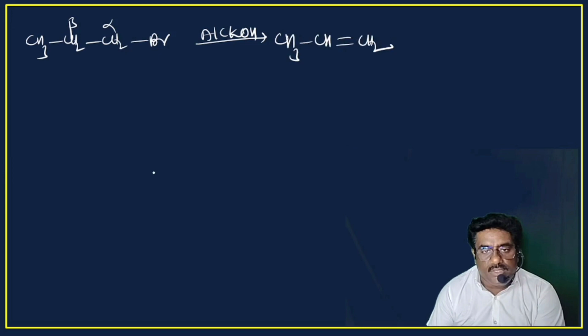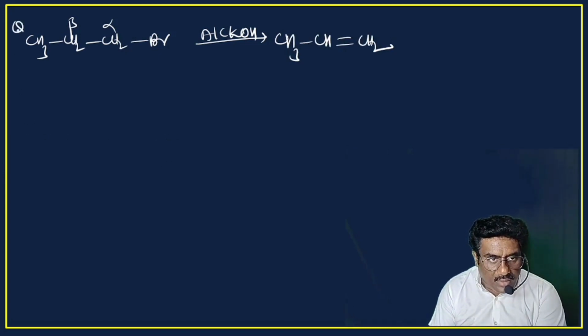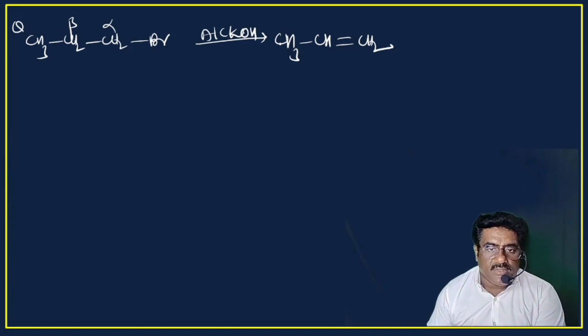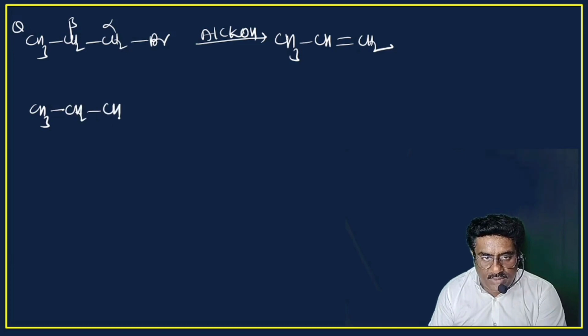In this example, if using a bad leaving group or bulky base, it gives the Hofmann product. Hofmann product is the major product. For example, CH3 CH2 CHCl CH3 in presence of alkali KOH.